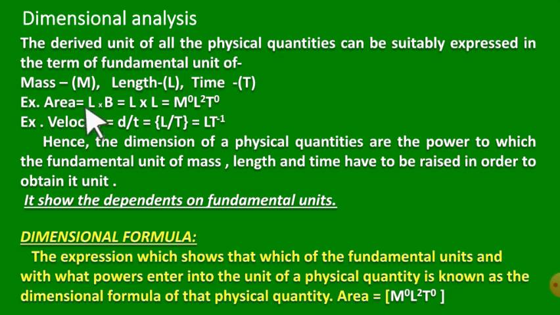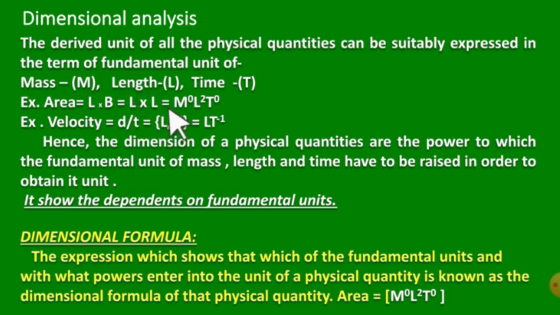Area is length into breadth in the case of a rectangle, but breadth is also a measure of length, so we can write length into length. In the case of a circle, pi r square: pi is a constant, and r square is radius into radius, and radius is also a measure of length, so we can say length into length.